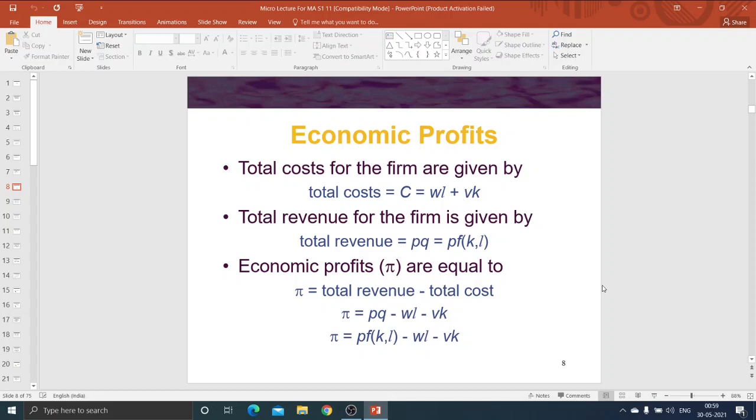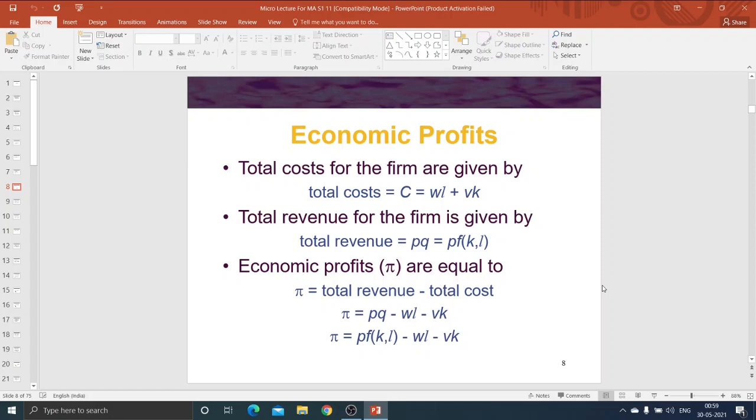So economic profit comes as follows. Total cost for the firm is given by C equal to WL plus VK, that is, the payment for labor as well as the payment for capital.